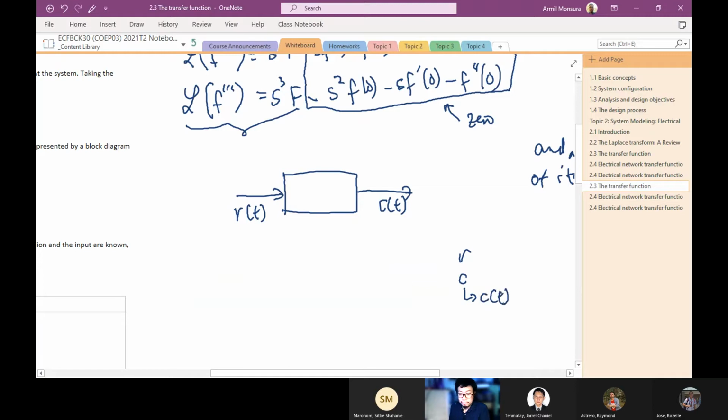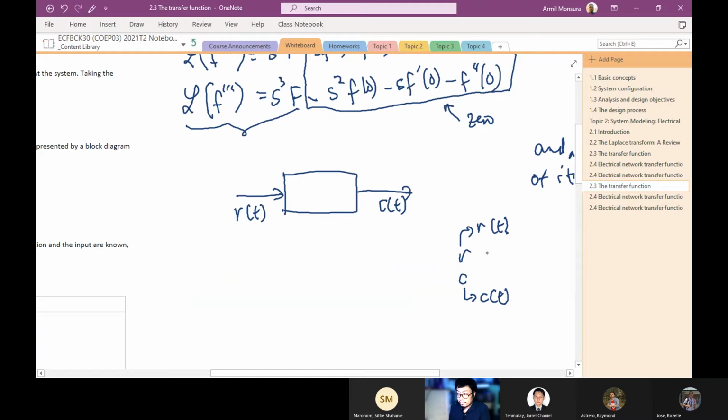Ito yung functional form niya. Ito, ang sinusunod ko dito, yung function name lang, or yung variable that represents the function. Okay, ito namang R natin dito is designated in functional notation as R of t. Pero I can write it simply as R.